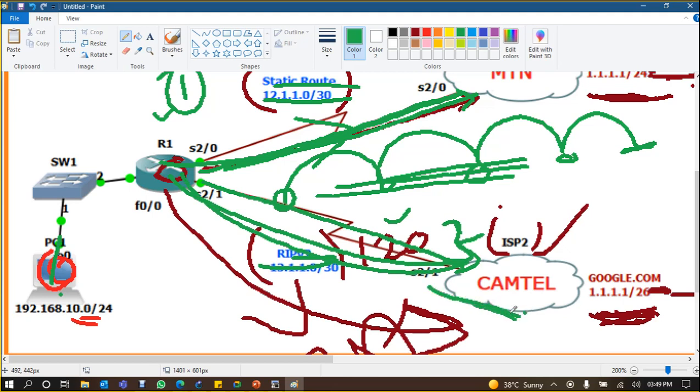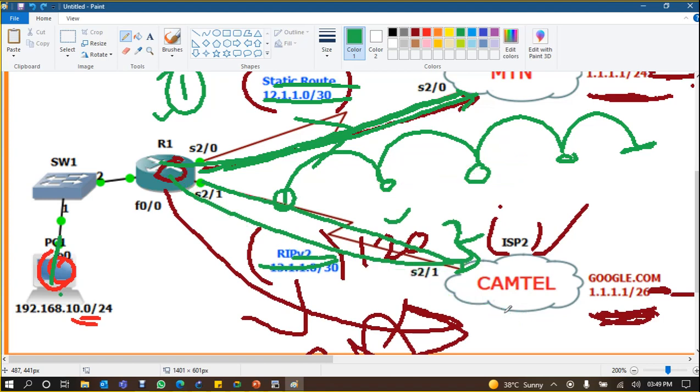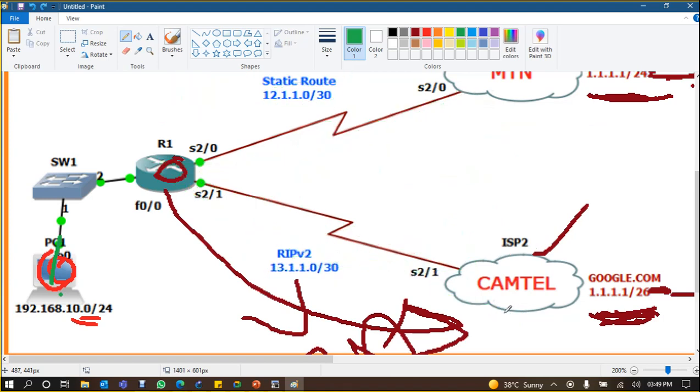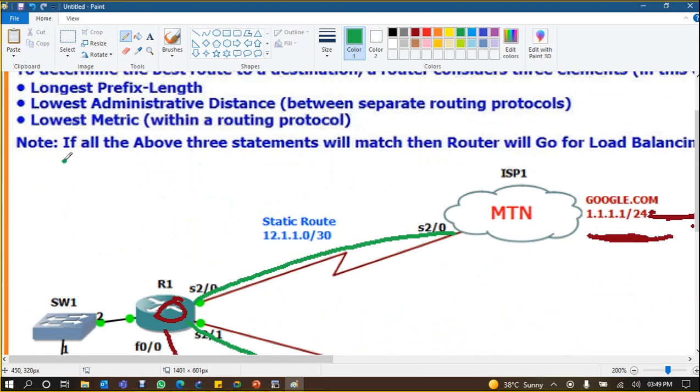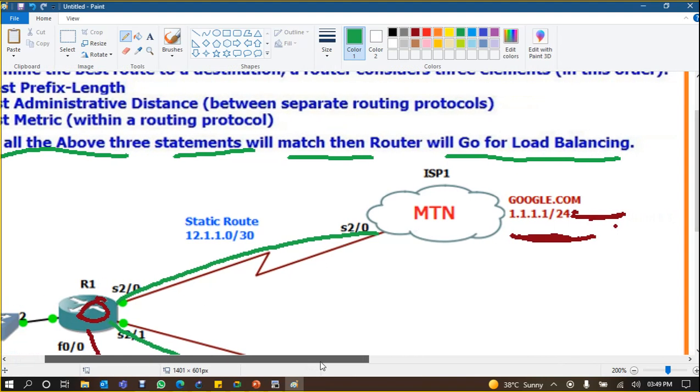But according to this condition, if all paths are equal, note that if all the above three statements match, then the router will go for load balancing.